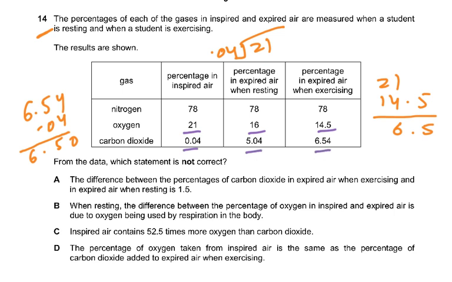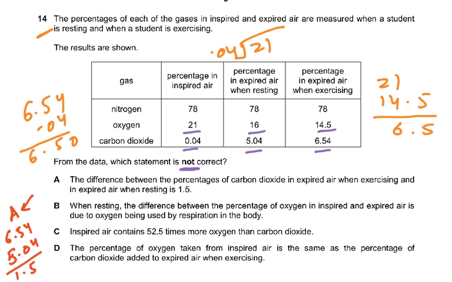Now from the data, which statement is not correct? When it says not correct, then the others are all correct. The difference between the percentages of carbon dioxide in expired air when exercising and expired air when resting is 1.5. Is that correct? I've given the working here.